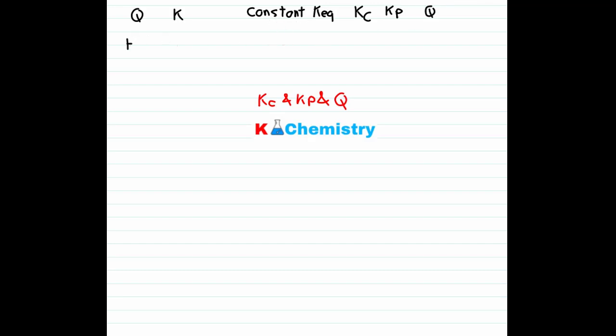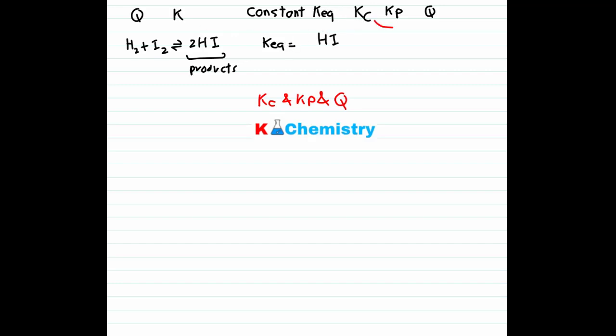If you have an equation like H2 plus I2 gives you 2HI, to find any of this you need the products over the reactants. I have one product here, which is HI, and since this is K equilibrium, I don't know yet which one I will use.